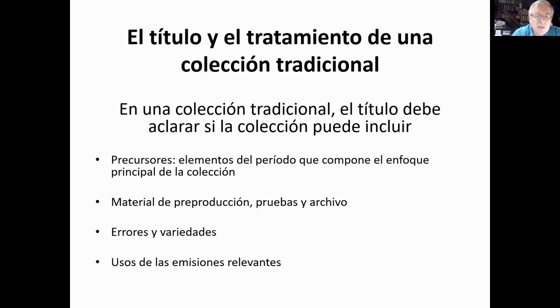Are we going to expect to see errors, varieties, and misprints? And more importantly, are we going to see uses of those stamps? Or is the exhibit one that is confined only to the production of the stamps and the issued stamps themselves? In a perfect world, the title and treatment should explain some of this scope and content for the exhibit. Next.